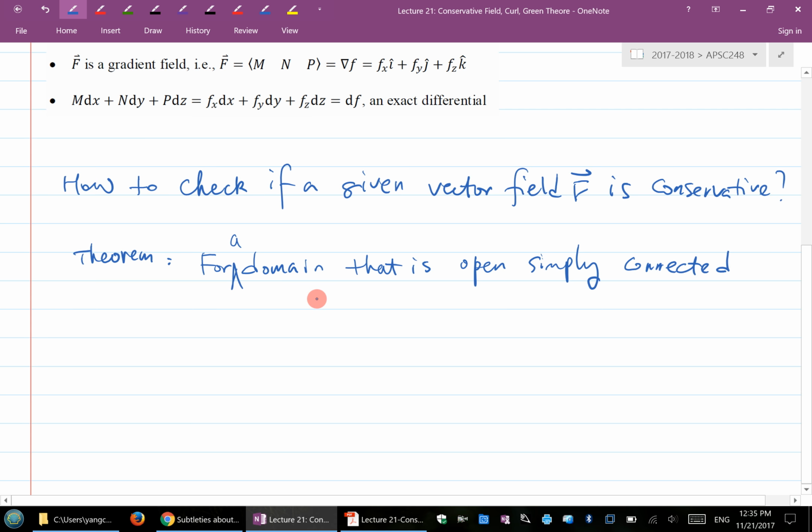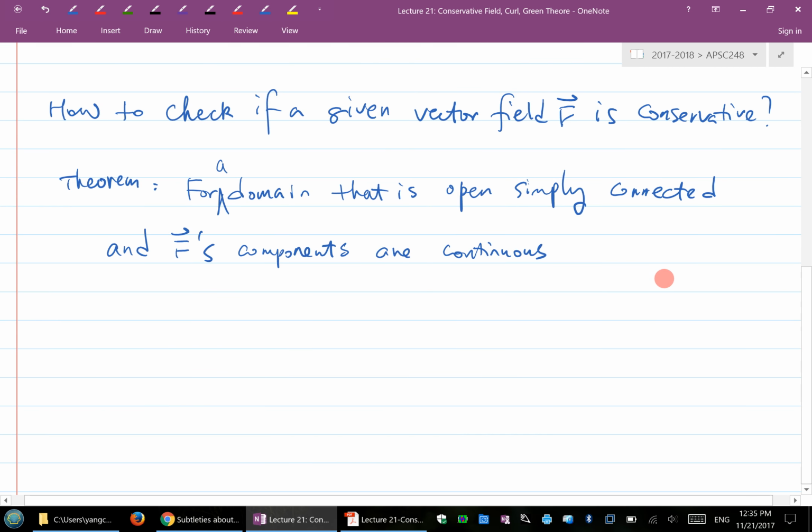For a domain that is simply connected, and this function F's components are continuous. For example, if you have a vector field, this is the region for the vector field I'm studying.